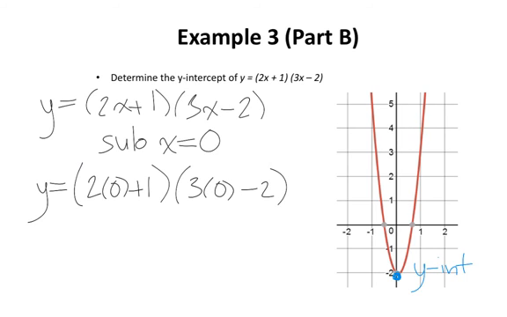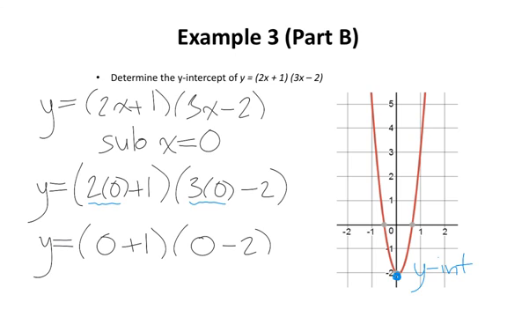Don't forget to follow BEDMAS. So we want to do brackets, exponents, division, multiplication, and then addition and subtraction at the very end. That means we need to multiply these first. So 2 times 0 is 0, plus 1 stays the same. 3 times 0 is 0, and the minus 2 stays the same.